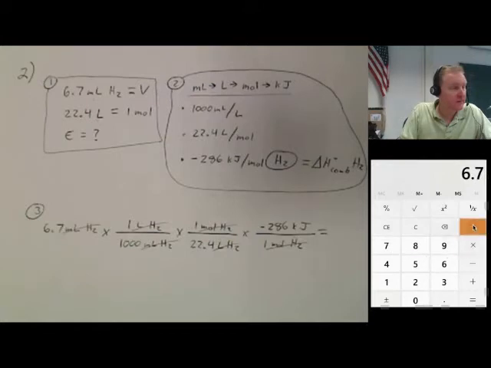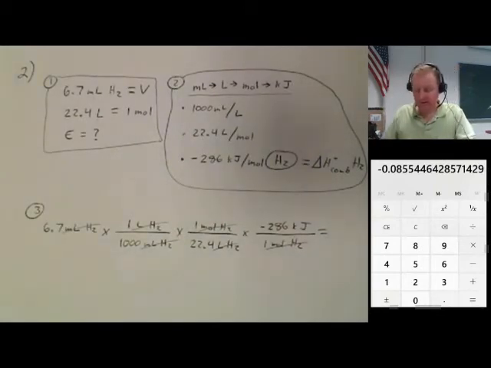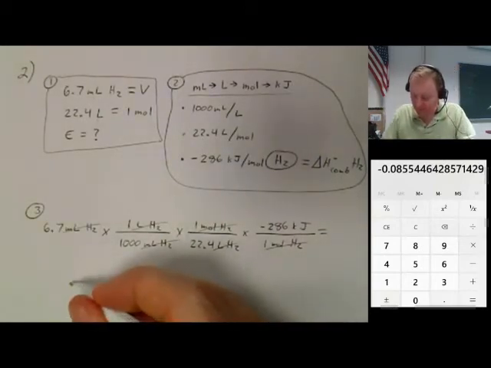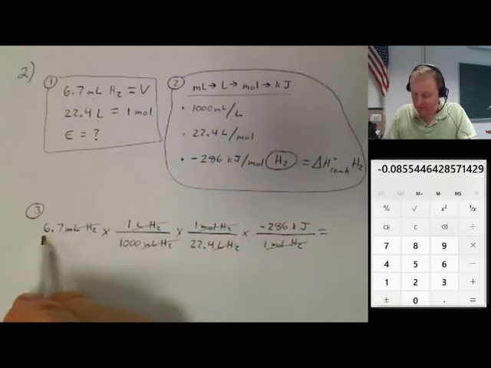So we've got 6.7 divided by 1,000. Oh, not 10,000, 1,000. Which is divided by 22.4, which is going to be multiplied by 286, and that's a negative 286. I got this for my number, and I'm going to record my answer with two significant figures.